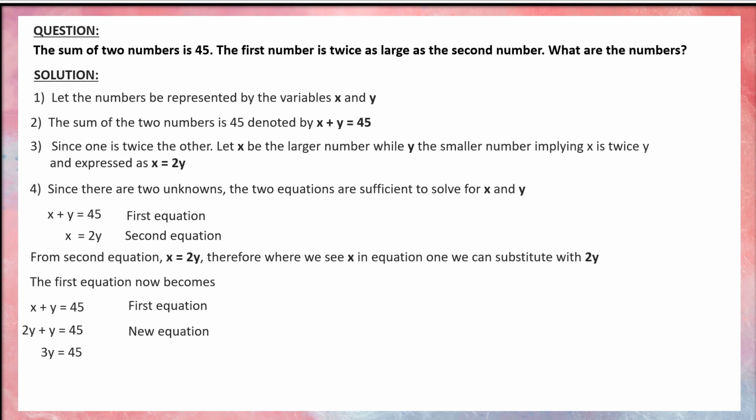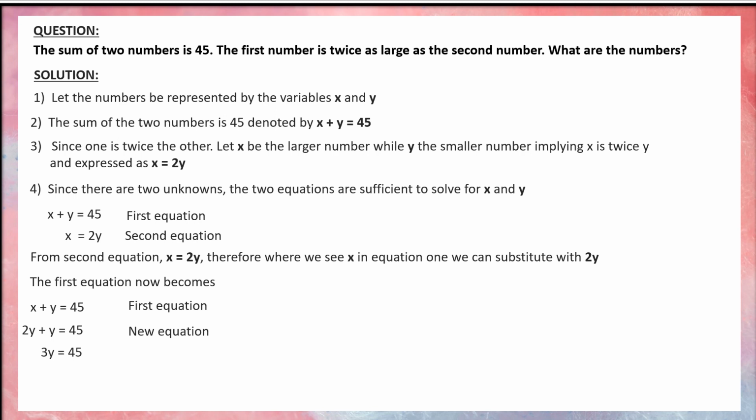You notice that we want to solve for y, but if you look at what we've just done, we have 3y equals 45. The coefficient of y, that is what is multiplying y, is 3.